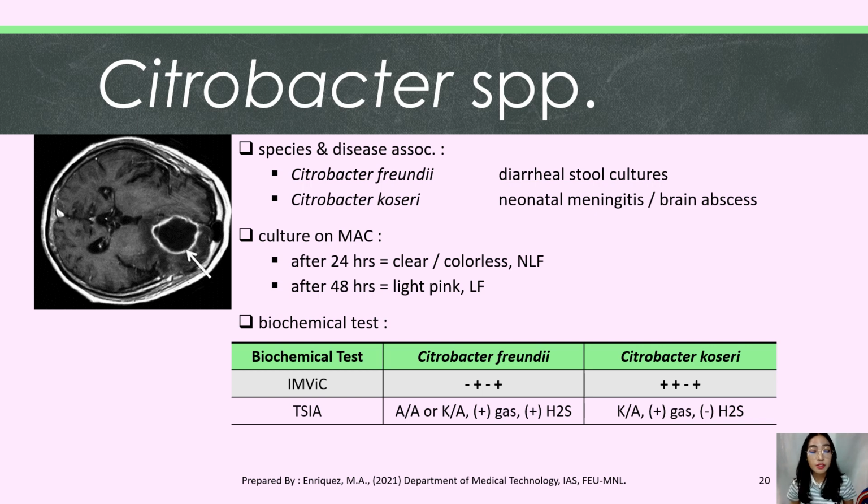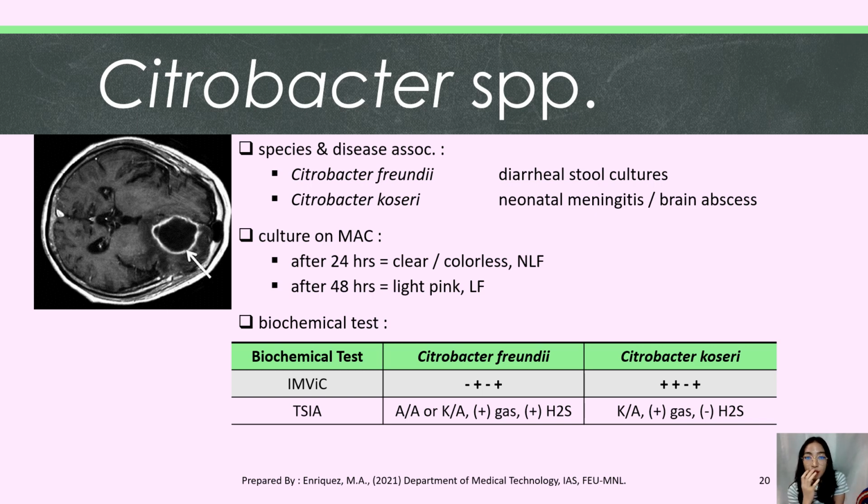Two notable species under the genus Citrobacter include Citrobacter freundii and Citrobacter koseri. So Citrobacter freundii is commonly recovered from diarrheal stool cultures, and because up to 8% of Citrobacter freundii species can produce H2S, and then some strains, about 50% of them, would fail to ferment lactose, the colony morphology of Citrobacter freundii on primary selective media can be mistaken for Salmonella when isolated from stool cultures.